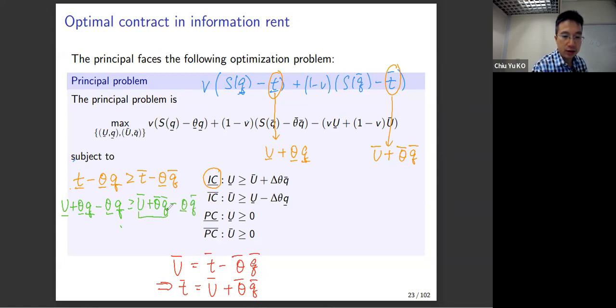So this is the T hat, this is the T lower bar. Is that clear? As you can see, they're the same, so this cancels out. This is gone. And this, you collect the Q bar. Can you see that? And for this one, the same concept. I'm not going to do it, but you can see how I derive that.